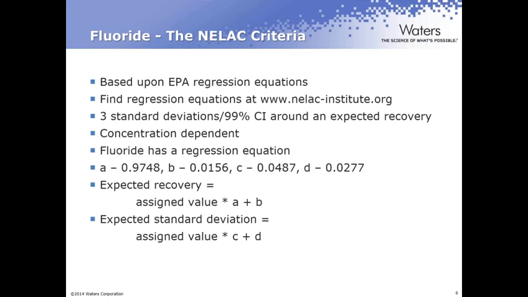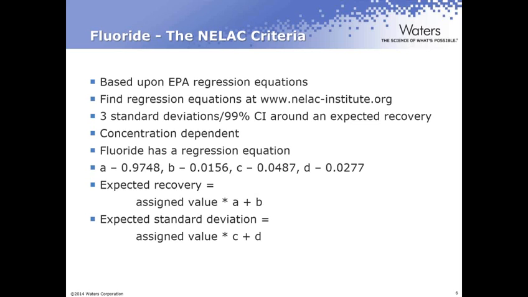For most analytes, the expected acceptance limits are concentration dependent. What that means is that for most analytes, it is more difficult to recover something at a lower concentration than it is to recover something at a higher concentration. As we'll show in a few slides, the acceptance limits on the lower end of a concentration range will be wider than those at the upper end of a concentration range.